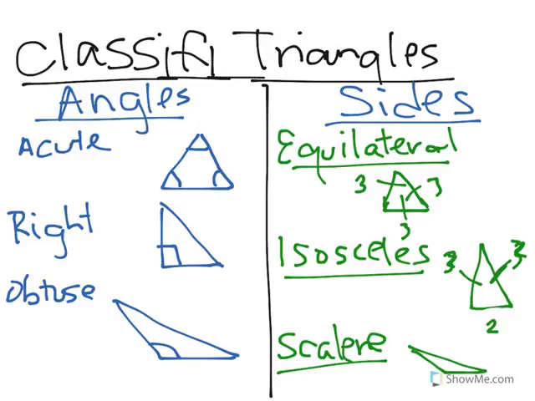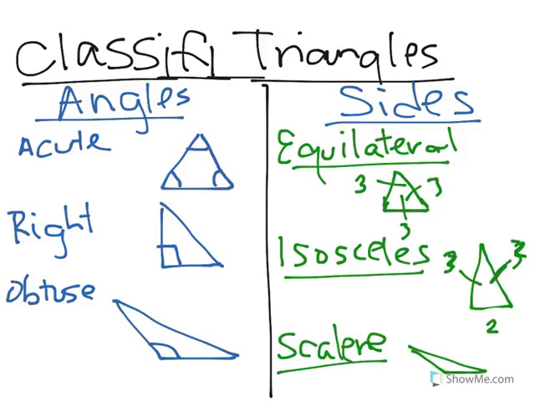You need to know this information because when I ask you for area or perimeter of an isosceles triangle, especially perimeter, I don't have to give you all the side lengths. All I have to give you is one side length, and you have to know what the others are. Okay? You have to know this. You need to put the measurements together. Okay?